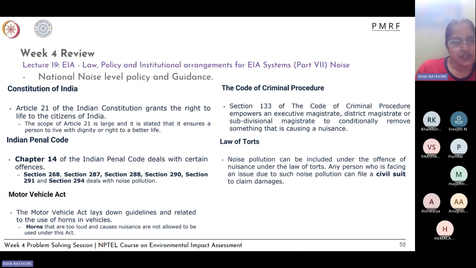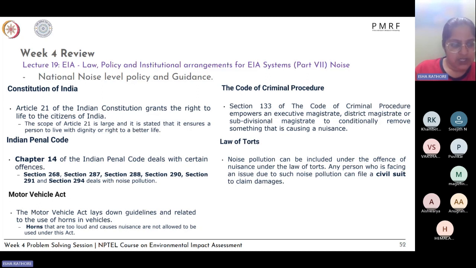Then we also have national noise level policy and guidance. The Constitution of India, Article 21, grants the right to life to the citizens of India. In a larger sense, it mentions that dignity or the right to a better life is maintained. According to the Indian Penal Code, Chapter 14 gives certain offenses. Sections 268, 287, 288, 290, 291, and 294 under the Indian Penal Code deal with noise pollution.